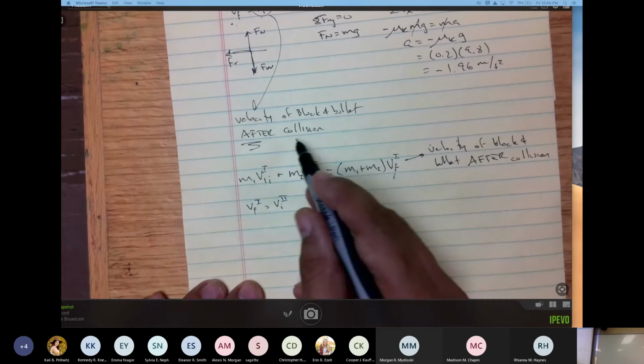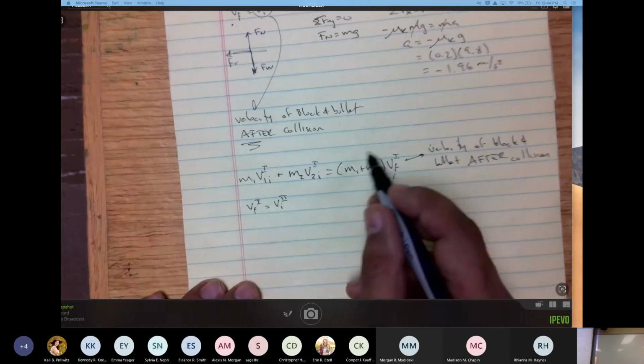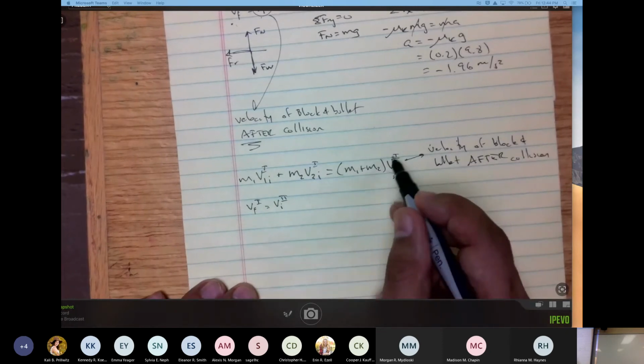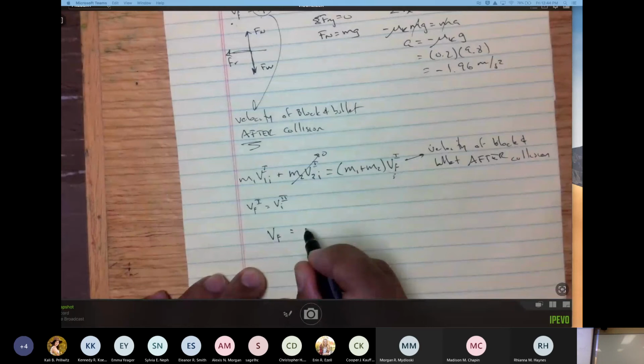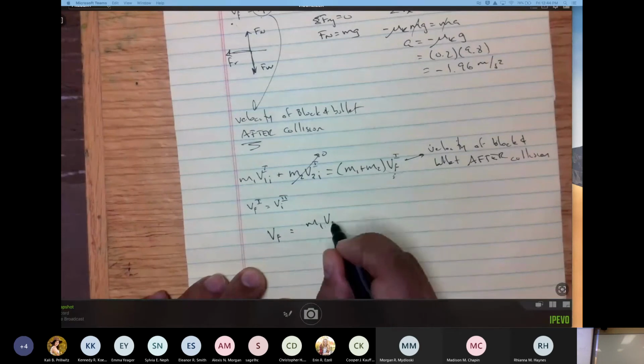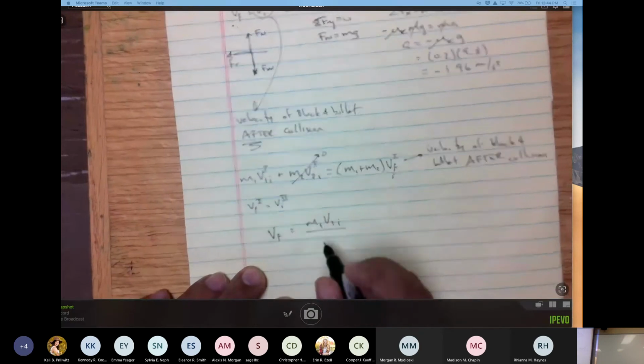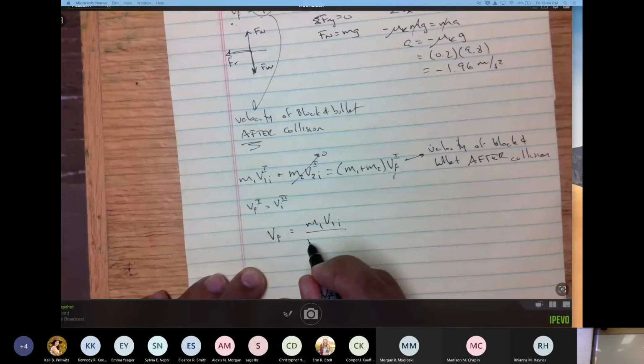So I'm going to solve for this final velocity. This is going to be 0. And then the final velocity is going to be m1 initial over m1 plus m2. And this is 500.